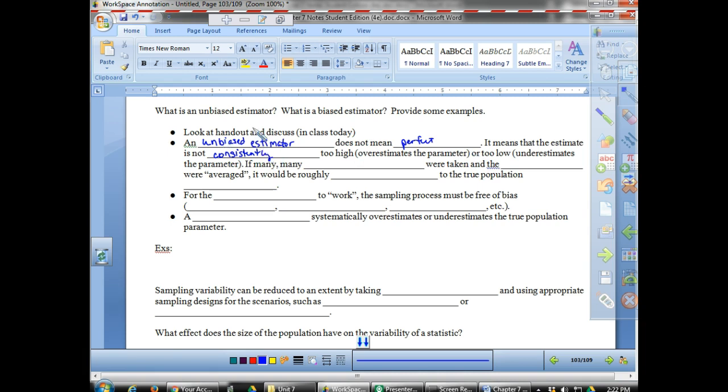An unbiased estimator is one where, if many, many random samples were taken and the statistics were averaged, so it could be X bar, you took every single X bar and you averaged them, or you took every single P hat and you averaged them, it would be roughly the same or equivalent to the true population parameter.